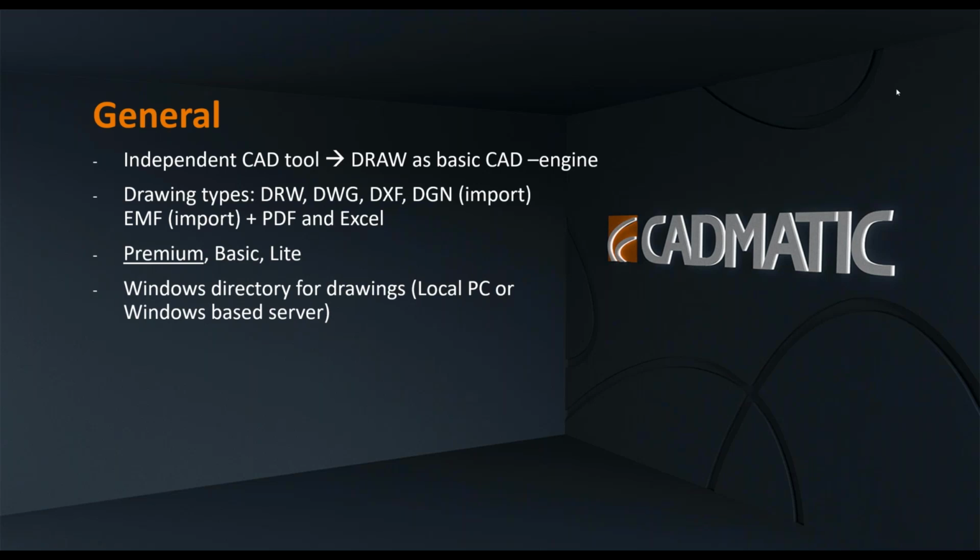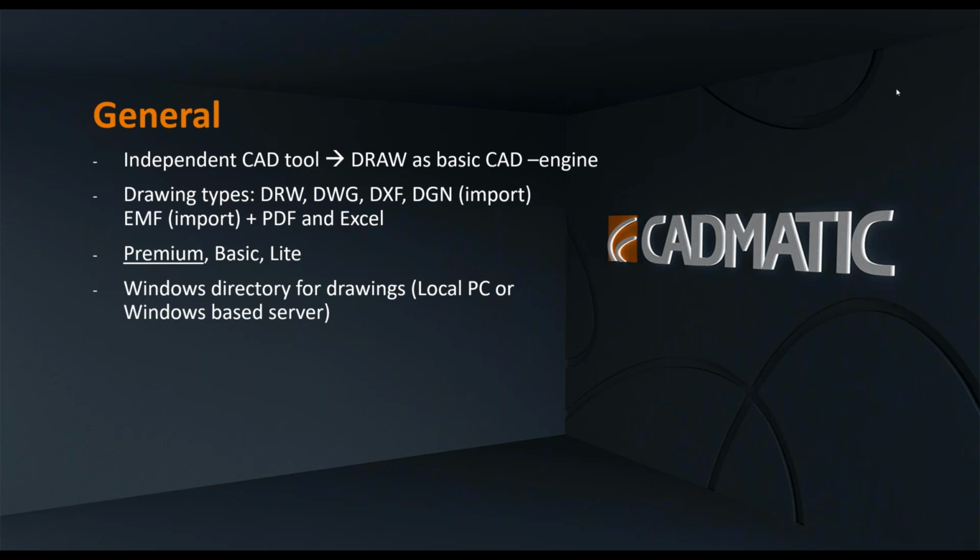That's our basic CAD engine, and that independent CAD tool means that we have no strings attached to any other software companies in regard of developing any design tools that we have, electrical or other ones. So everything we do ourselves, not that we buy things or have any kind of base from, for example, AutoCAD in this case.